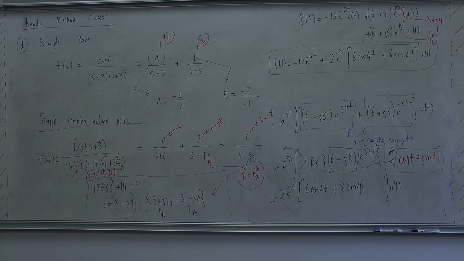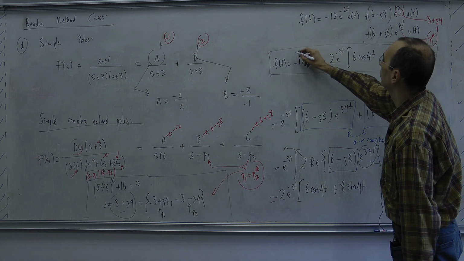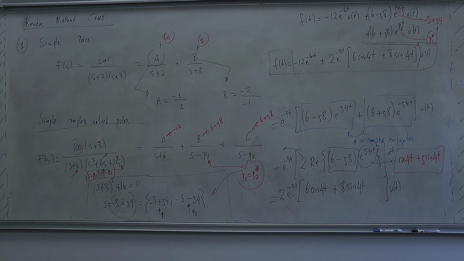Okay, that is our final answer. And this, maybe I should be a little careful, this u(t) multiplies everything. Okay, u(t) is present at every term. Okay, so this is something.